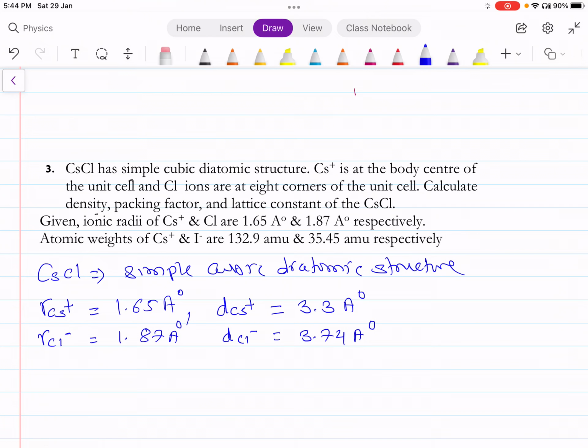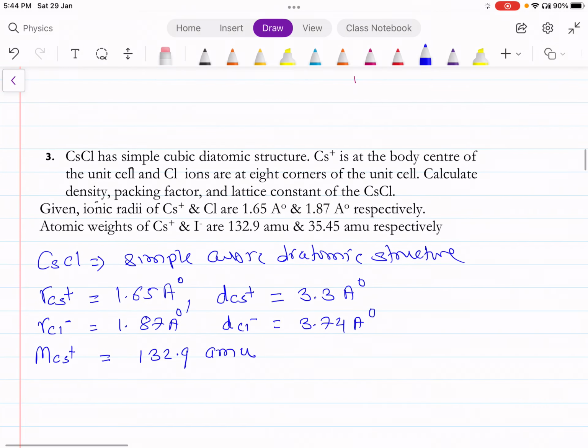Similarly, the atomic weight is given, which is denoted by M. So the atomic weight of cesium is equal to 132.9 AMU, and the atomic weight of chlorine is 35.45 AMU.